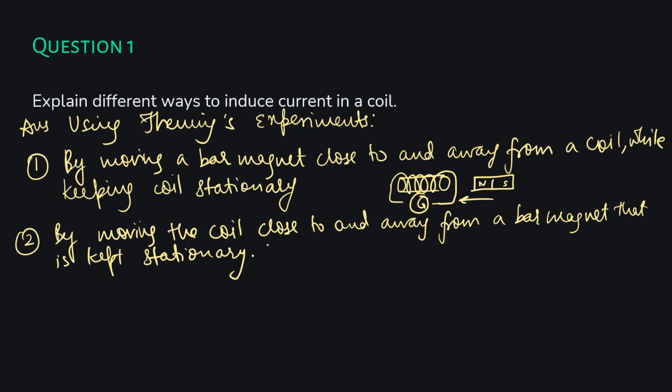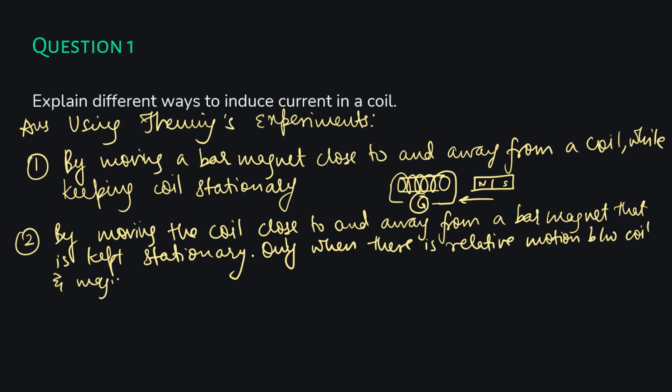That means only when there is relative motion between coil and magnet. This is the point for both 1 and 2. You will write this point in point 1 also, because there is only current generated when there is relative motion between the magnet and the coil.